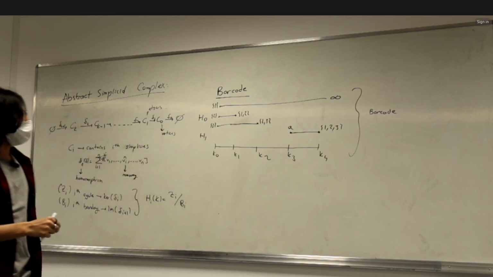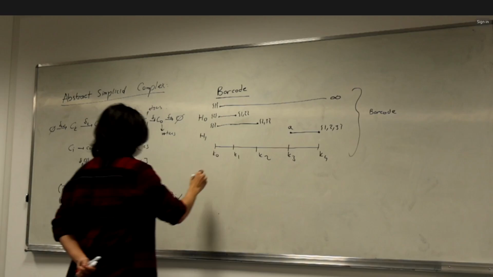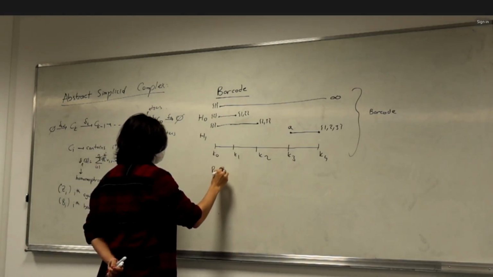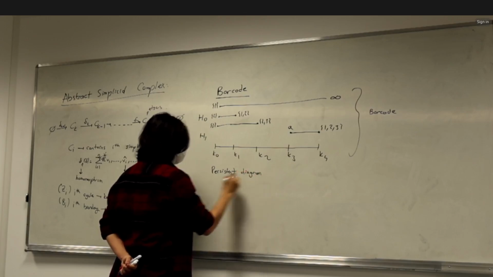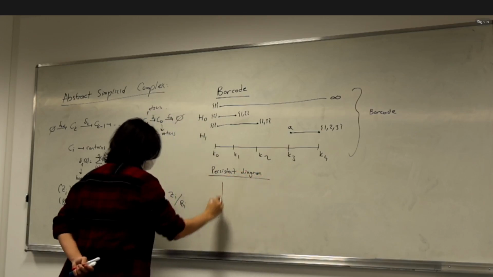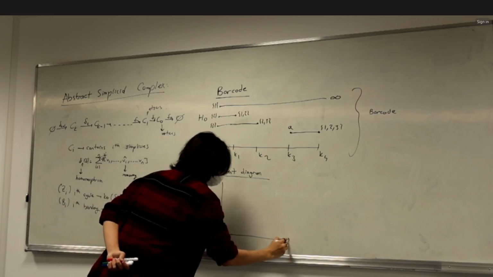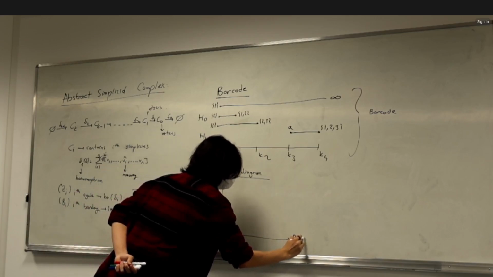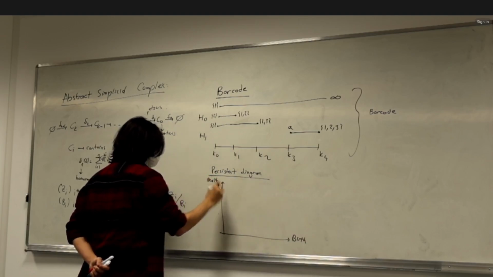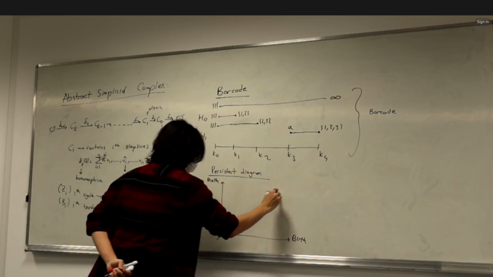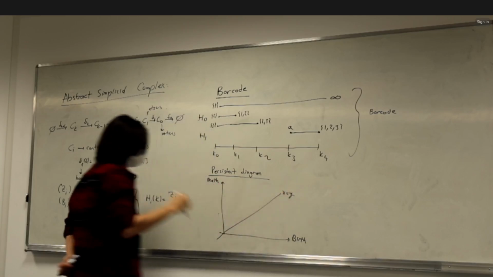So we can also put this into something called a persistence diagram. Here we have the birth of the homology and the death of the homology. We have the x equals y line here.